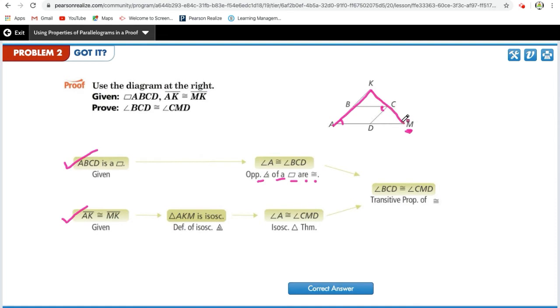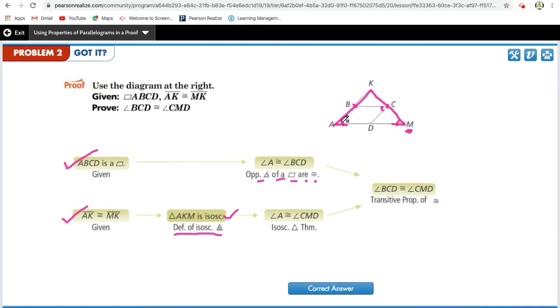Now, if two sides of a triangle are congruent, then we can say that the triangle is isosceles. Why? Because by the definition of an isosceles triangle, if one side is congruent to another side, the triangle is isosceles. Now, based on the isosceles triangle theorem, since this side is congruent to this side, the opposite angles are also congruent, meaning angle A is congruent to angle M. Why?